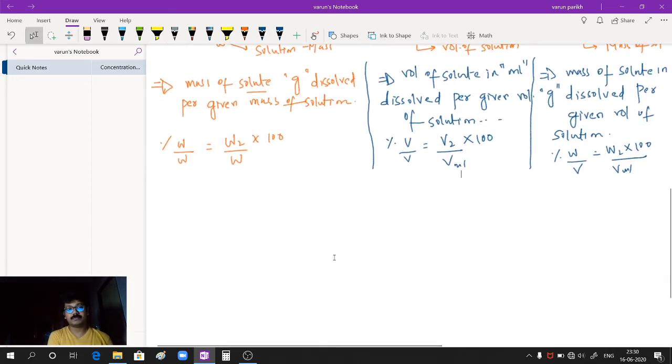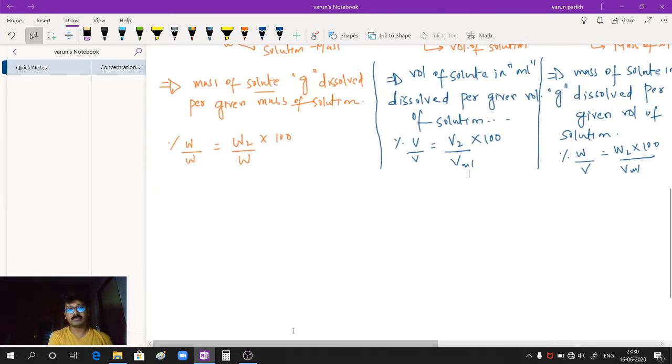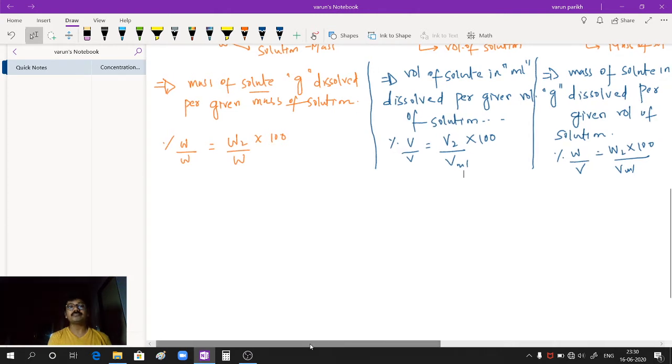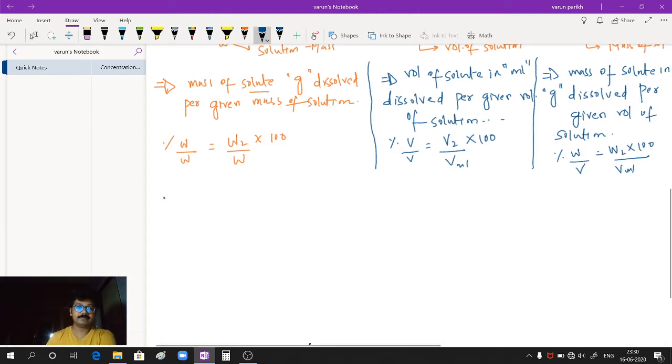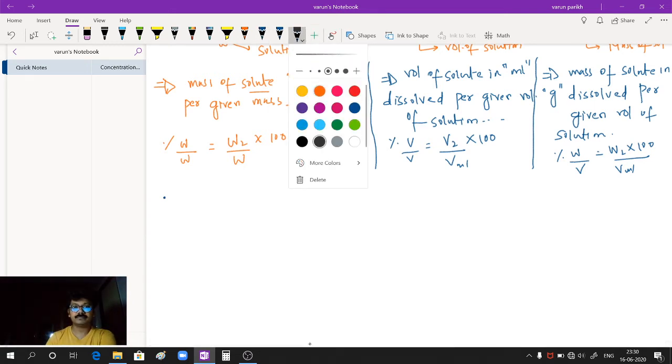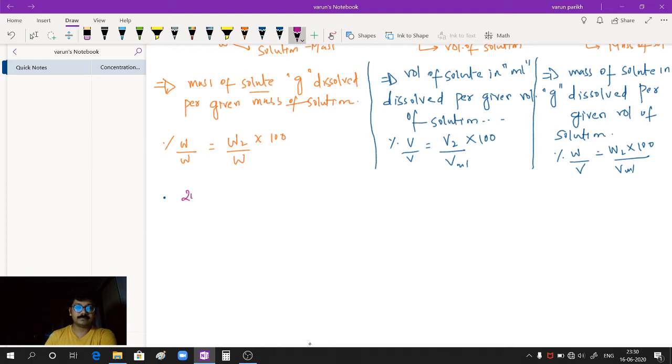Now, let's take a numerical. If somebody is asking a numerical, how can you show this? If I say that 20 gram of solute is dissolved in 120 gram of solution, what will be its mass percentage?